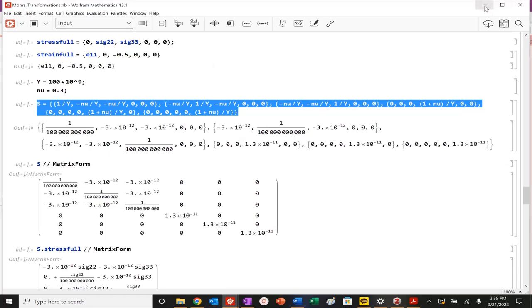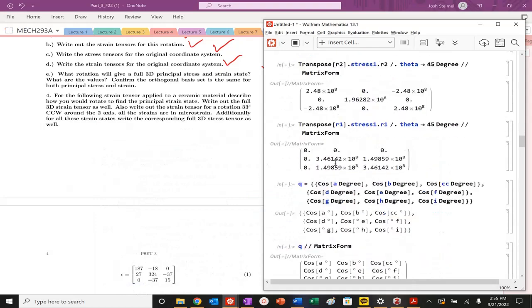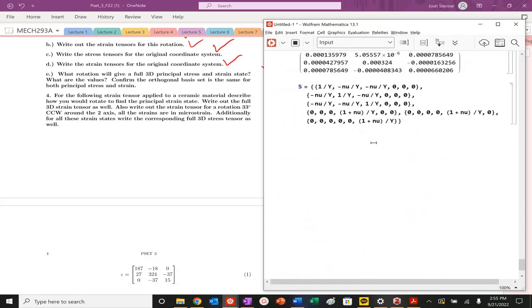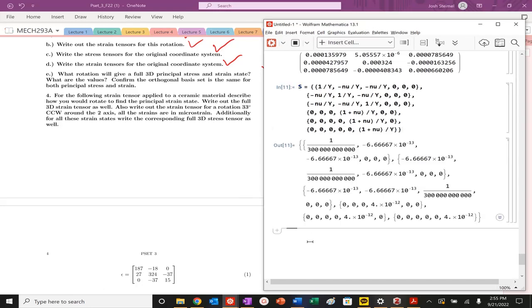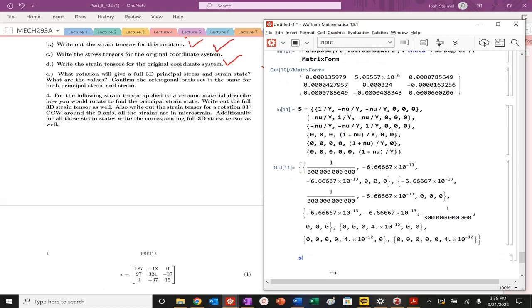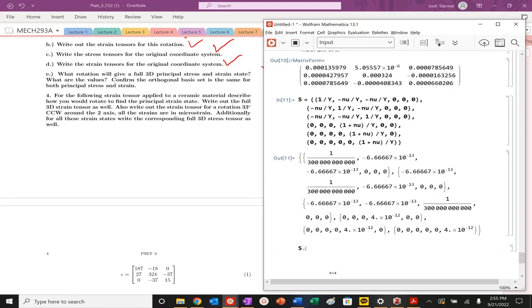So one of the things we're going to have to do is translate this into a 1/6 column in order to work with this value, but we can pull that in and use this, and this will be very, very helpful for this particular problem where you're given strains and you're asked to actually grab the stresses. So for the old system, it's quite easy, and for the new one, it's not going to be too bad, although we're going to have to write those out. So I can just simply do, we know that our strain is equal to S dot our old stress.